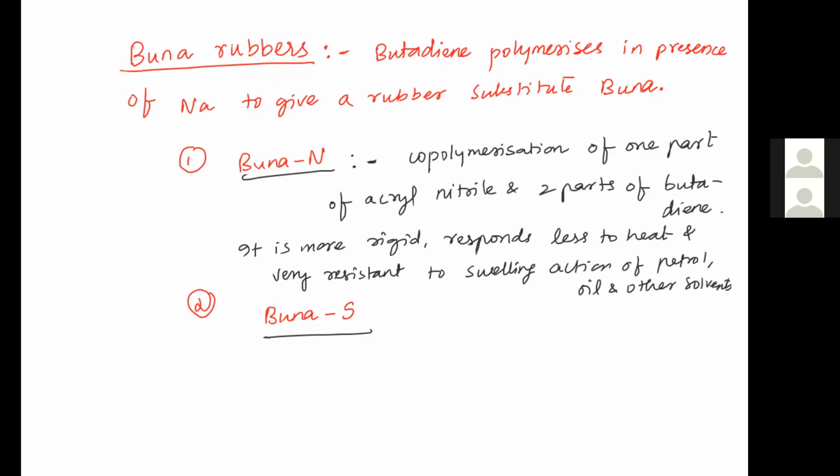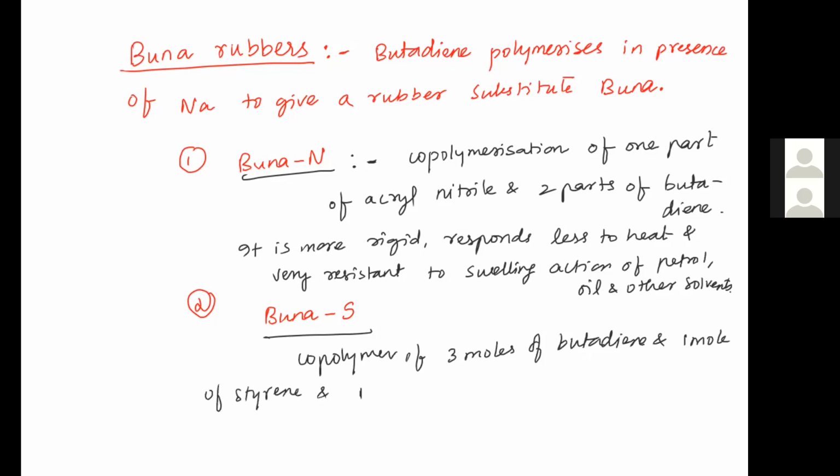Buna S is a copolymer of 3 moles of butadiene and 1 mole of styrene, and it is an elastomer.